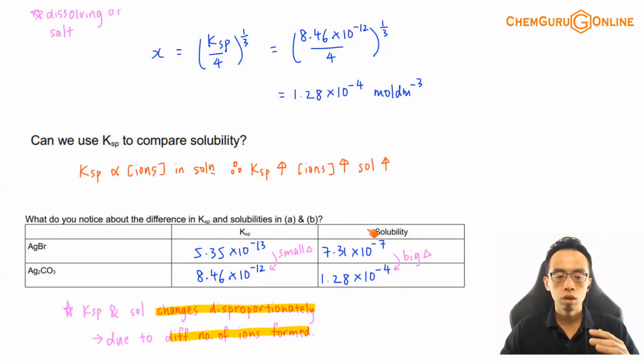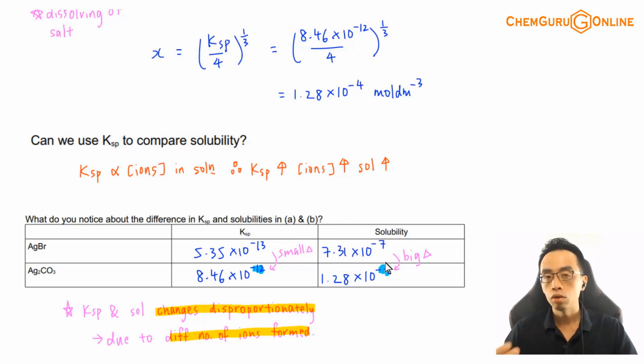If you take a look at this, maybe we look from the perspective of the carbonate. For the carbonate, my KSP is 10 to the power of minus 12 versus 10 to the power of minus 13. It is a bigger value. Solubility is 10 to the power of minus 4 versus 10 to the power of minus 7, which is also a bigger value. So it seems that it is true. If you have a bigger KSP, you'll be more soluble. So it's not wrong for us to say that.